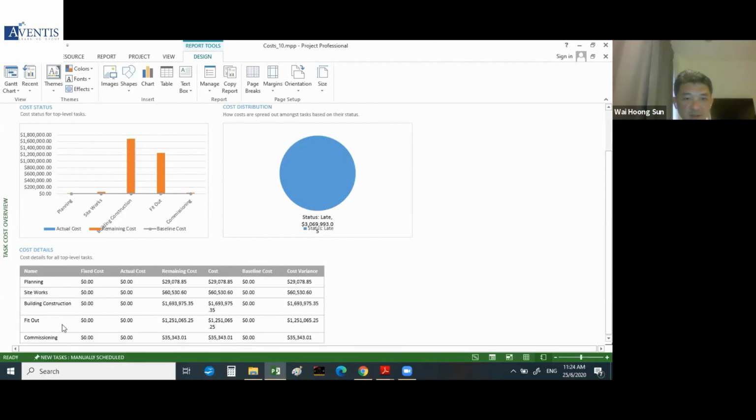So you see that most of the cost goes towards the building construction phase, which is the implementation phase, where you need most of the staff in the project. Okay, so I hope this gives you a quick overview of what project management is, and also what Microsoft Project is. Any questions?